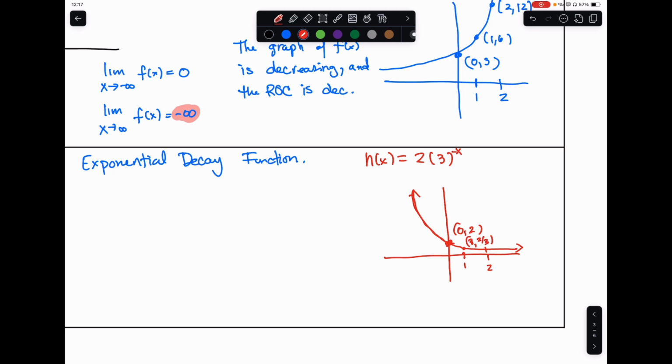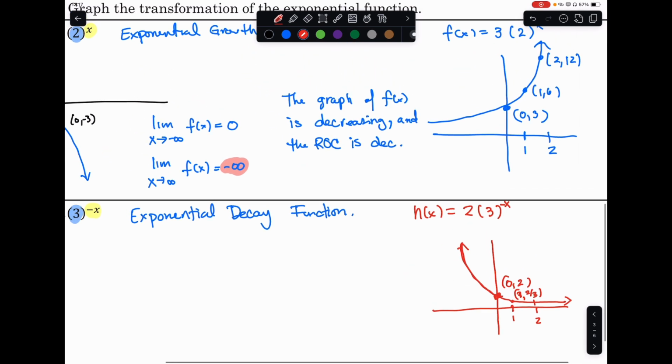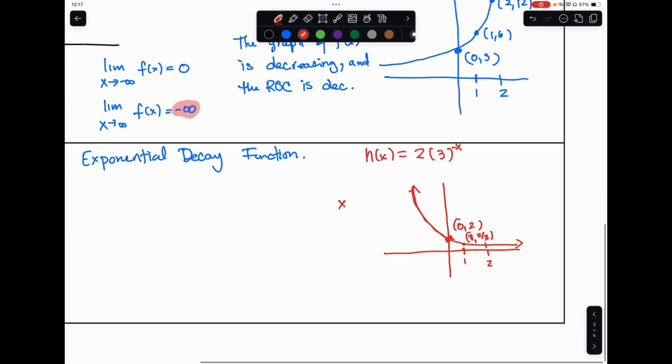And right here, let me do a table instead because I'm not going to be able to plot these, okay? So let me put the table over here. So at (0, 2), when x is equal to 1, the y value would be 2/3. And when x is equal to 2, I'm going to divide the previous answer again by 3. So that'll be 2/9, and then so on, okay?